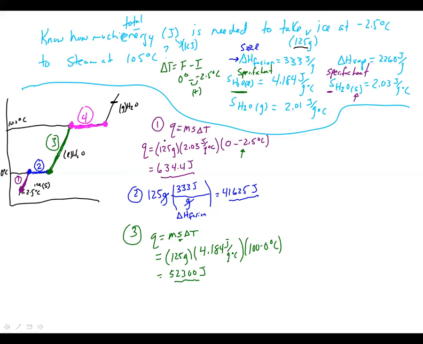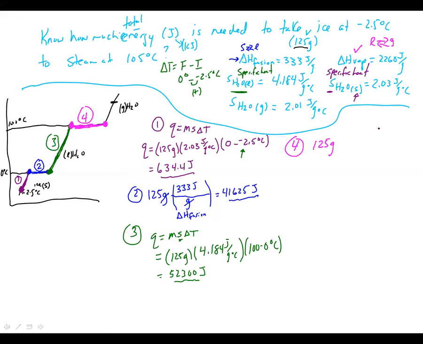Again, we are not changing the temperature, but changing the phase. And that is where the heat of vaporization will occur again, because in this case, we're going from liquid to gas, but you could go the other way. So for step number 4 here, we're going to do our 125 grams.